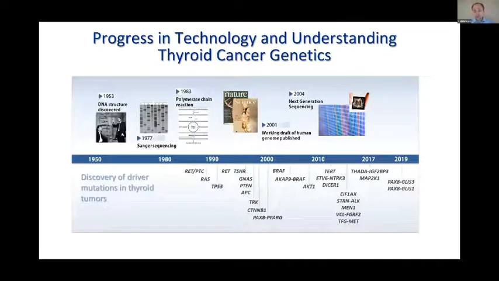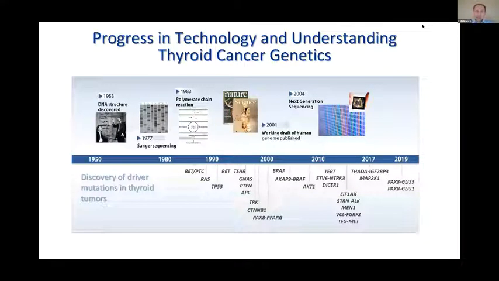Also want to mention that we live in the era of genomic medicine and genomic oncology. The knowledge in this area has been accumulating for a long time, but the explosion in knowledge started about 15 years ago with the introduction of next generation sequencing, which is a revolutionary technology that allows us to interrogate hundreds and thousands of areas of the human genome in one reaction in a short period of time.